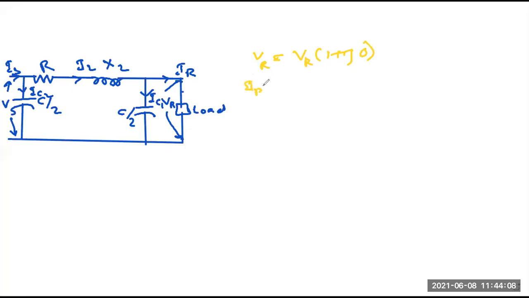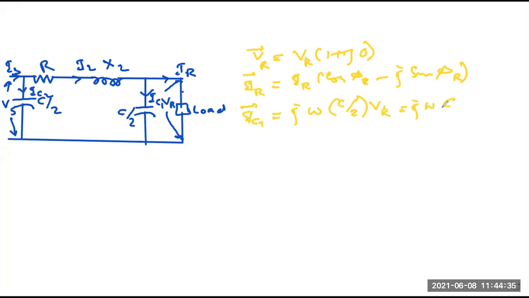Then IR equals IR into cos phi R minus J sin phi R. Then IC1 equals J omega C/2 into VR, so J 2 pi F into C/2 into VR, that is J pi F C VR.